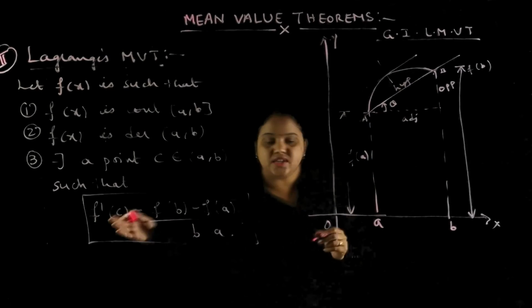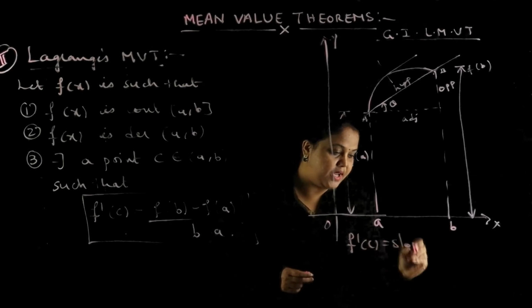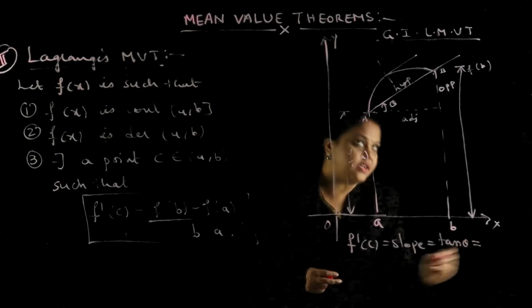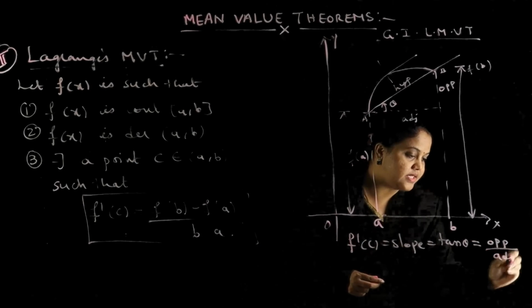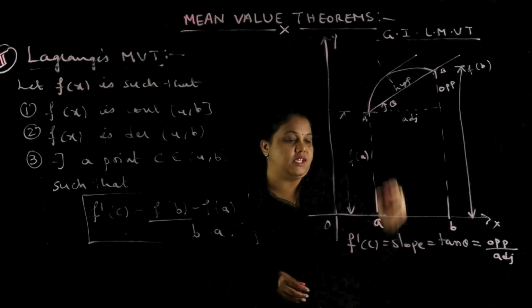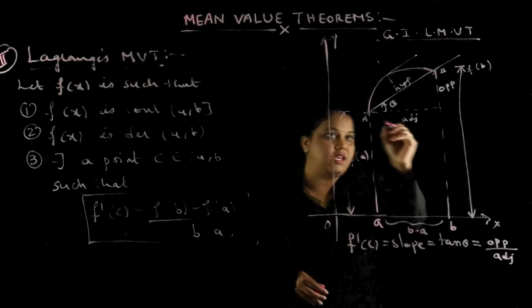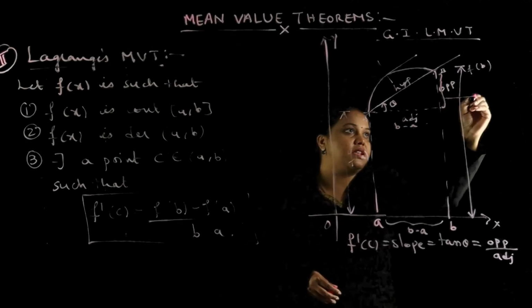Right? So f dash of C is nothing but this will be the slope, and slope we know that it will be represented as tan theta. Tan theta is nothing but opposite side by adjacent side, where we see that this distance is nothing but your b minus a. So this distance is also b minus a, and this distance is there.